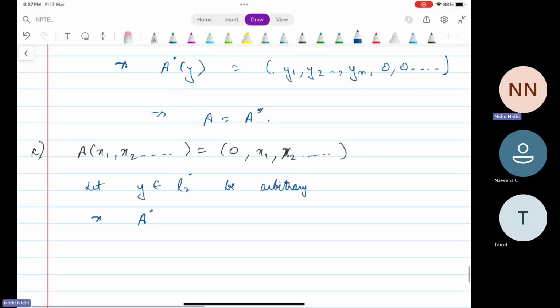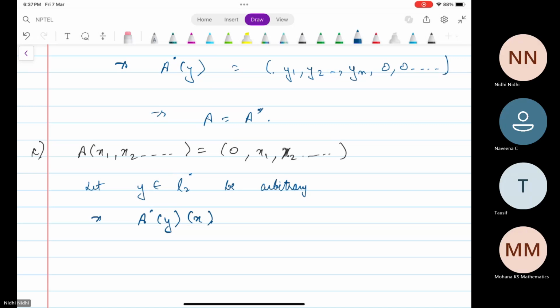Then A star y at any x is equal to y at Ax.